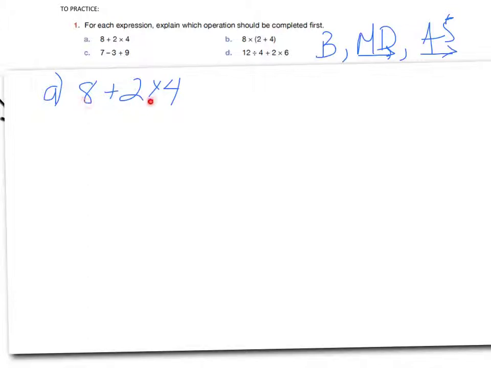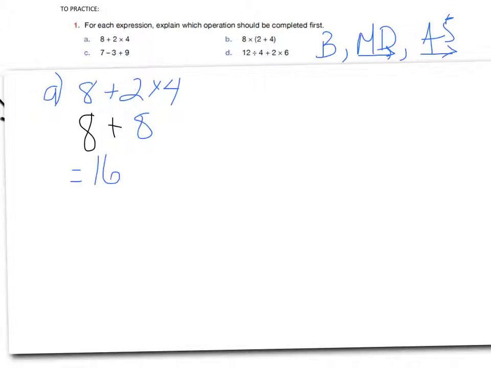Well, there are no brackets, so I'm okay. Next, I have multiplying and dividing left to right. There is one multiplying, so I'm going to do that first. 2 times 4 is 8. Now I need to go back and rewrite the part of the question that was there before. 8 plus 8, which gives me my final answer of 16.